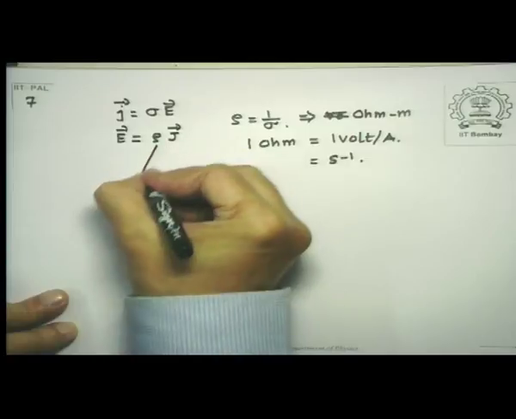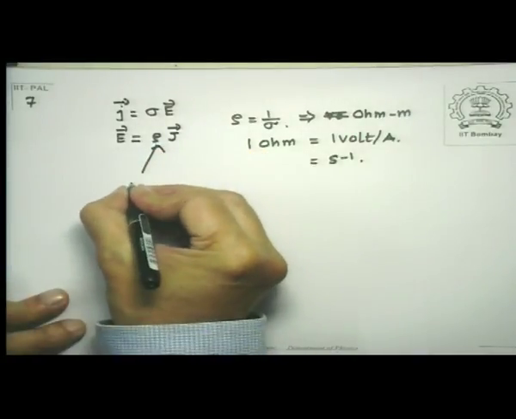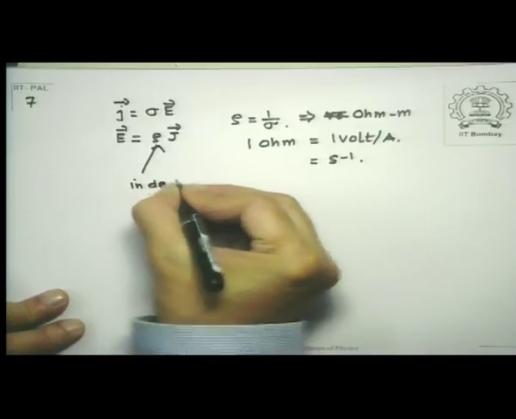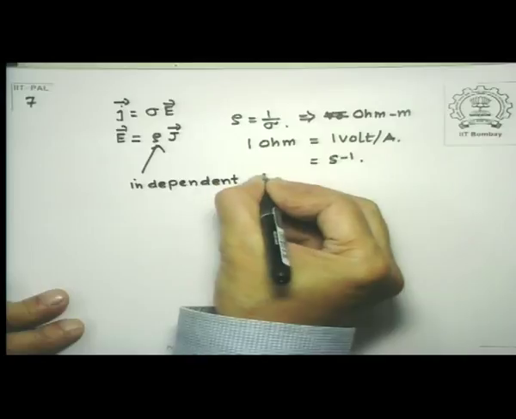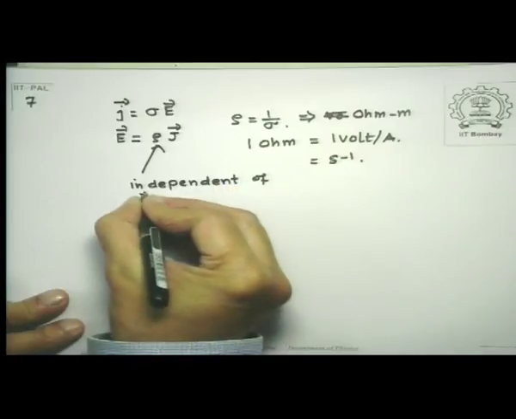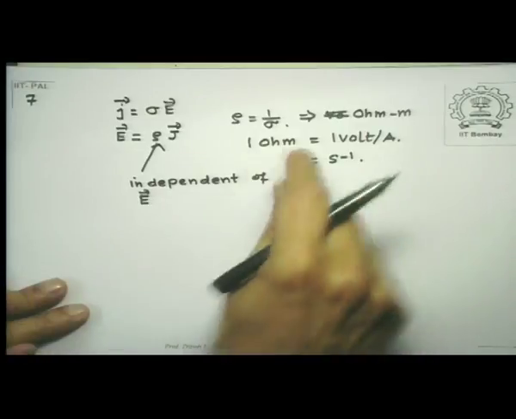This rho, like sigma, is independent of electric field and depends upon the properties of the material. Conductors are characterized by high values of sigma, or low values of rho.